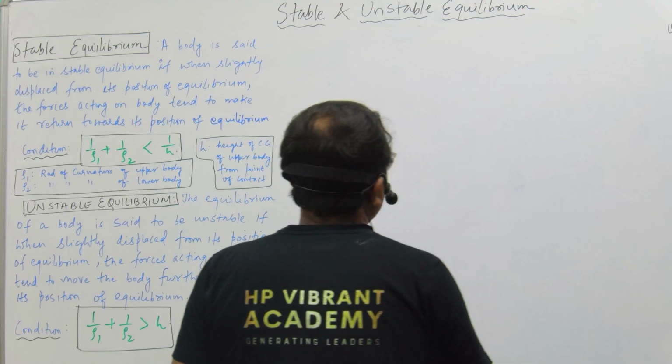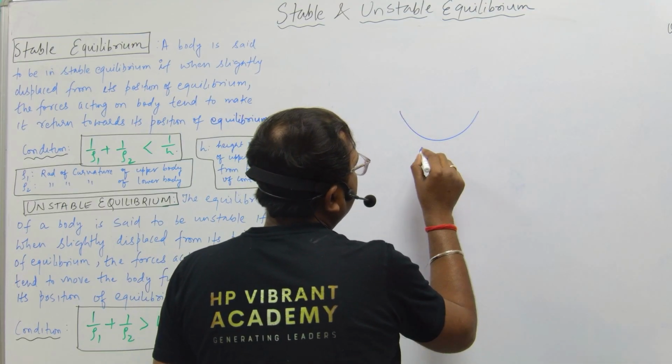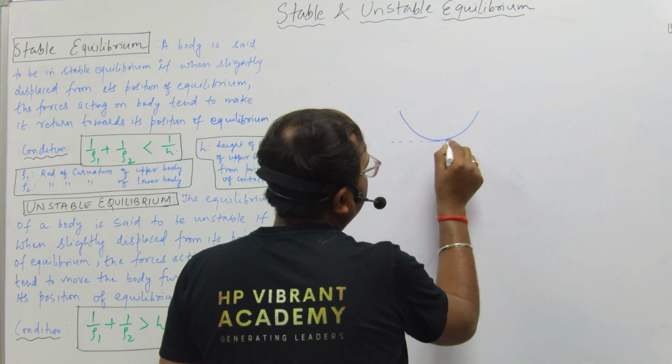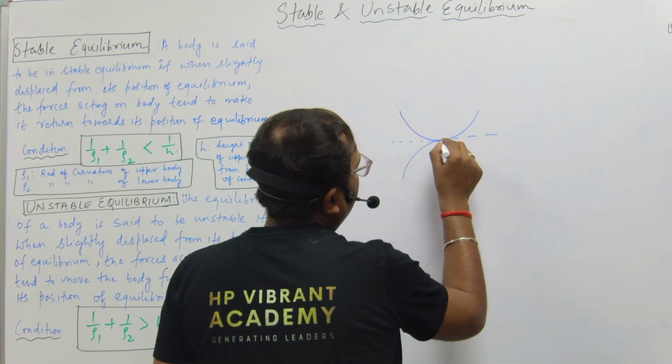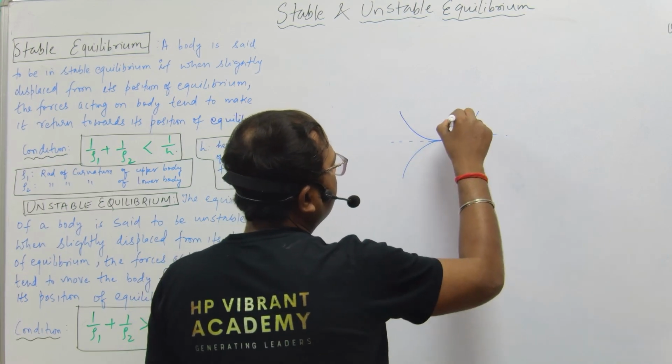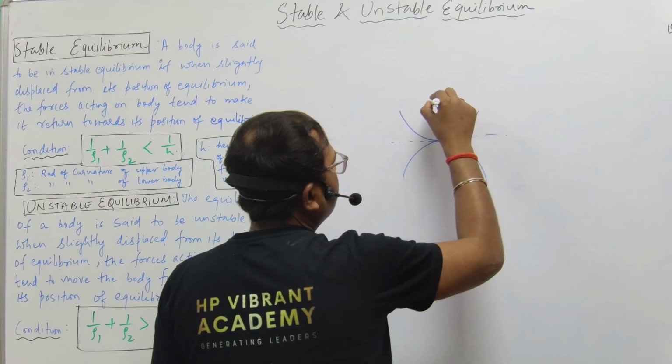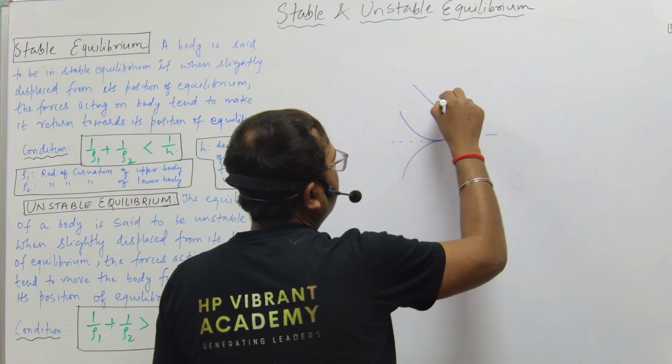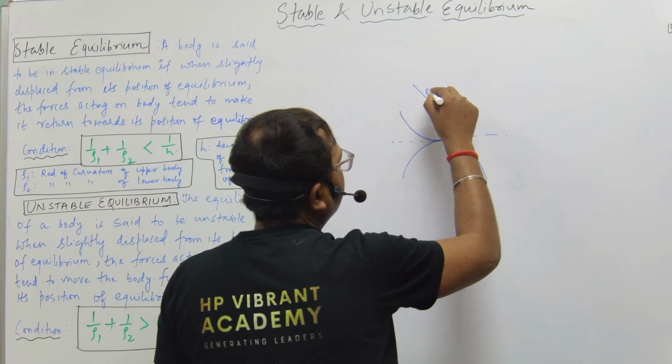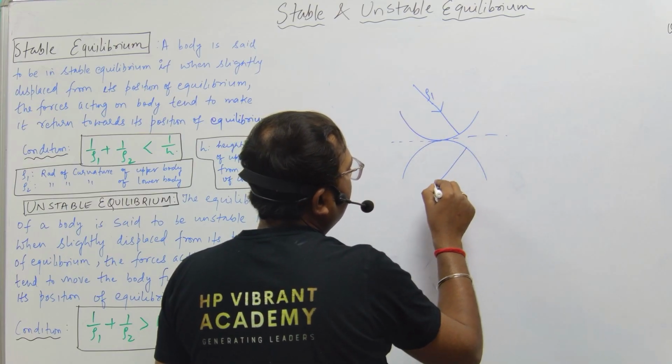Now let us take two bodies. This is the upper body and this is the point of contact. This is the lower body. Let us consider the radius of curvature of the upper body as rho 1, and the radius of curvature of the lower body as rho 2.